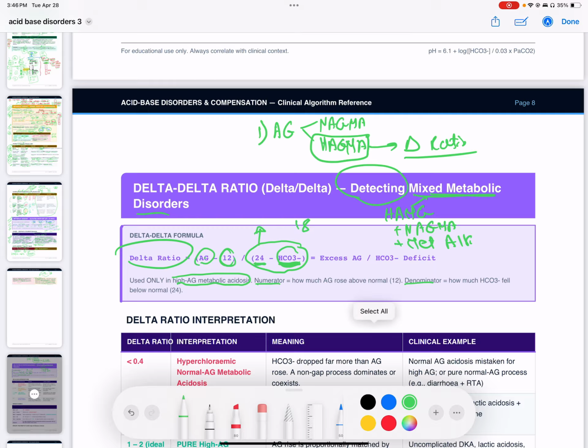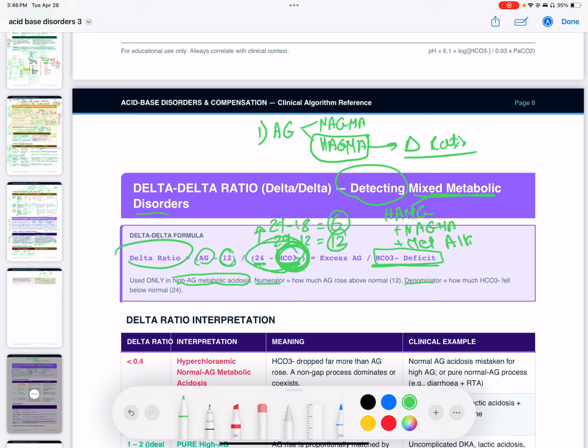So 24 minus 18 will be 6, right? Let's say the bicarb is less than 18, it's 12. So it will be 24 minus 12, which will be 12. So the lower the bicarb number, the higher the denominator. And this actually represents the bicarb deficit.